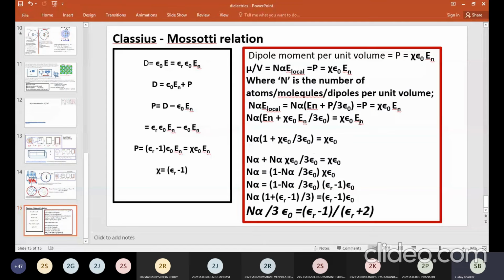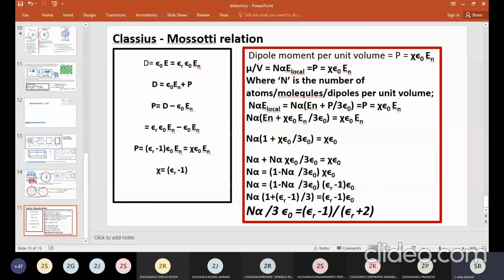Now in this expression I'm removing En, because En is common in all of the terms. I removed this bracket, so I got this expression. Then I have taken the psi epsilon terms to one side and alpha to the other side. You got this expression.